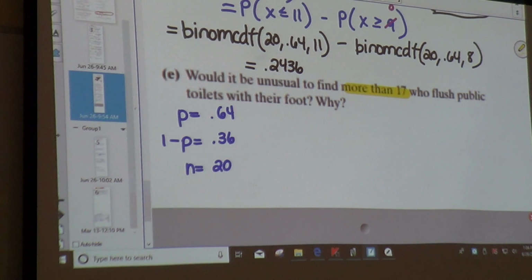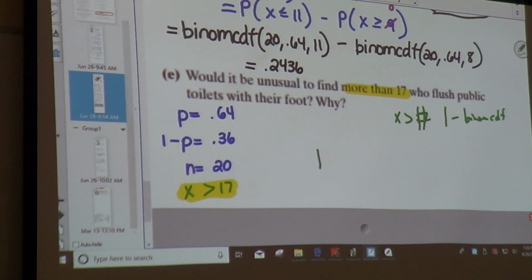More than 17. How do you write more than 17? Greater than 17. So on our rules, what does x greater than a number mean? 1 minus the binomial CDF.